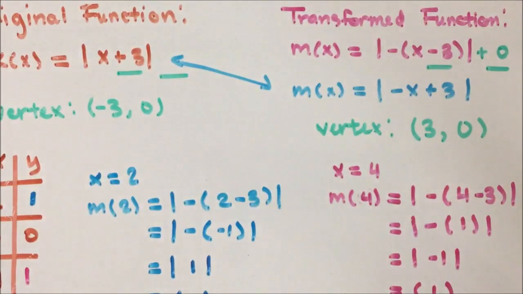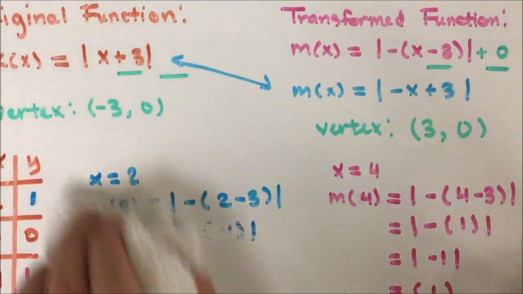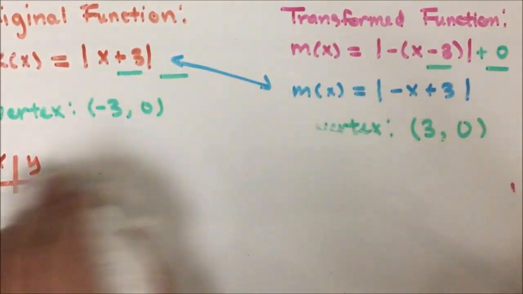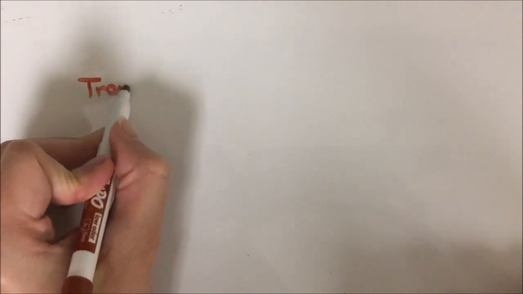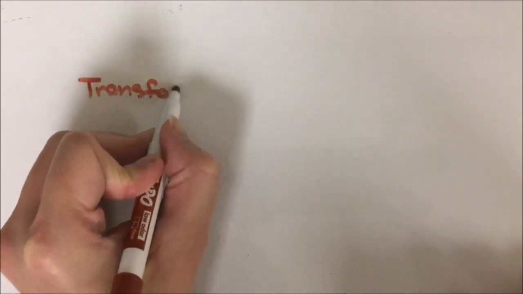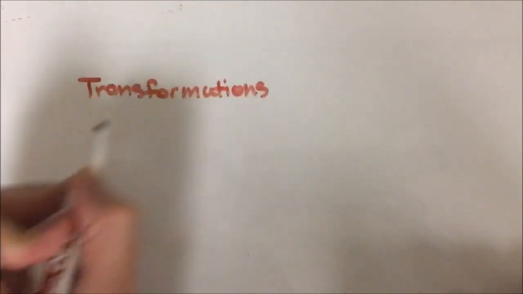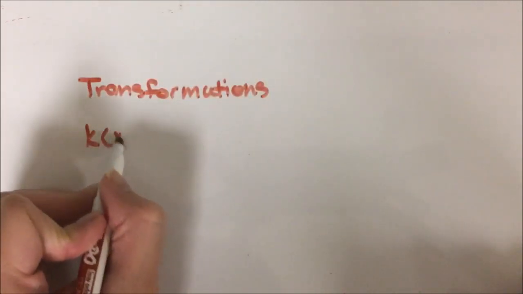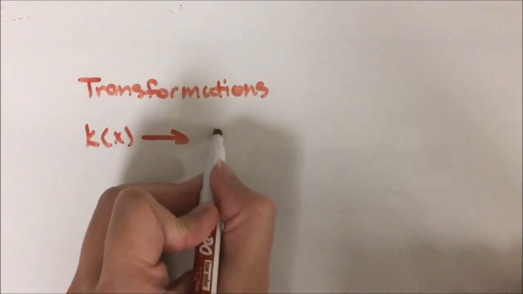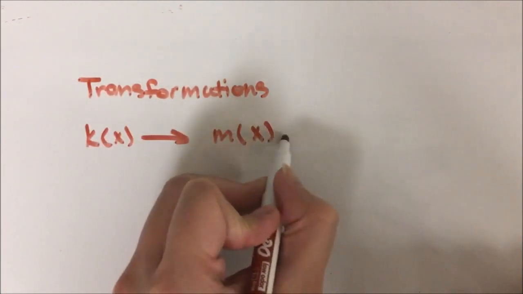So that's the visible transformation. So let me rewrite the function. So what was the transformation, or I would say the visible transformation, from k of x to m of x?